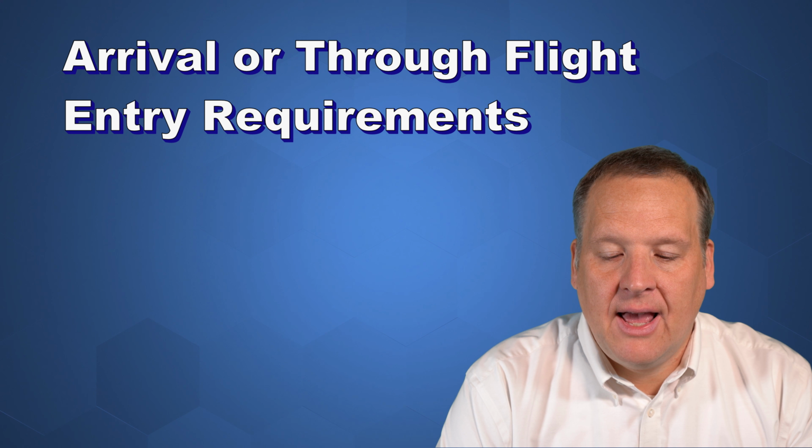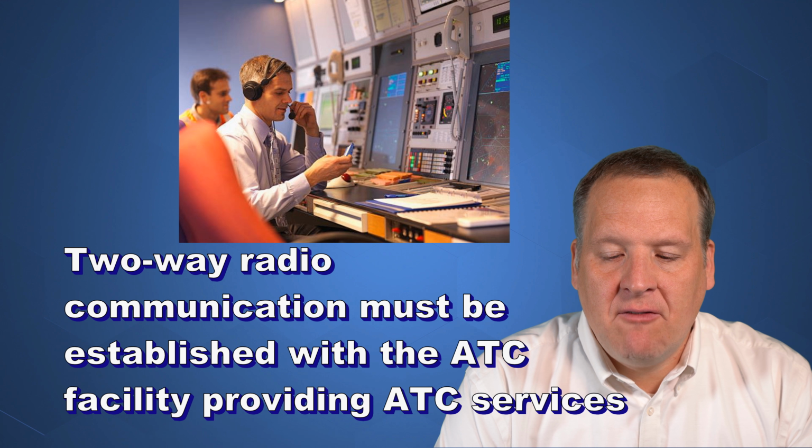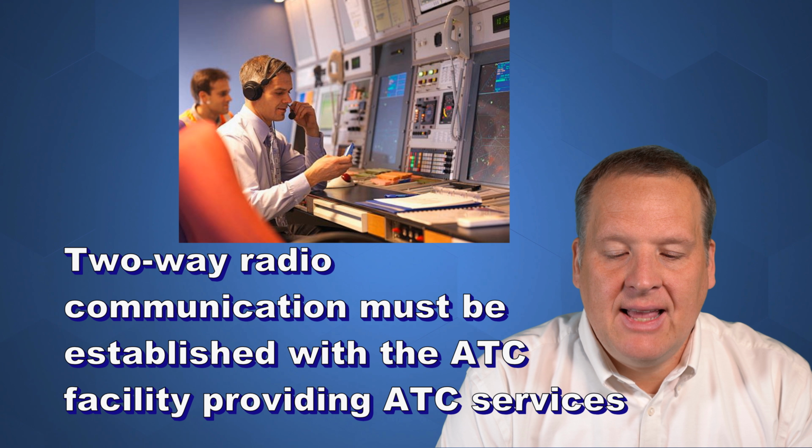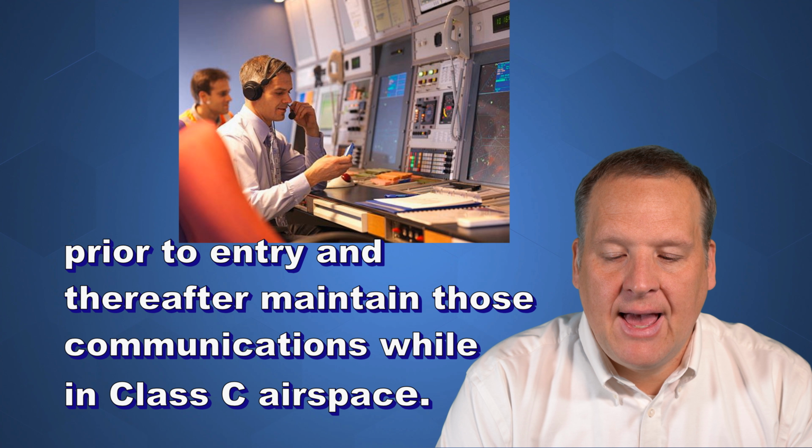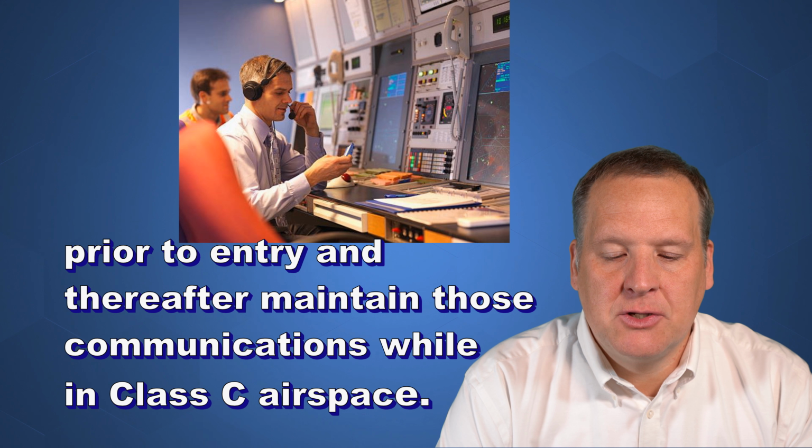Arrival or through flight entry requirements. Two-way radio communication must be established with the ATC facility providing ATC services prior to entry, and thereafter maintain those communications while in Class Charlie airspace.